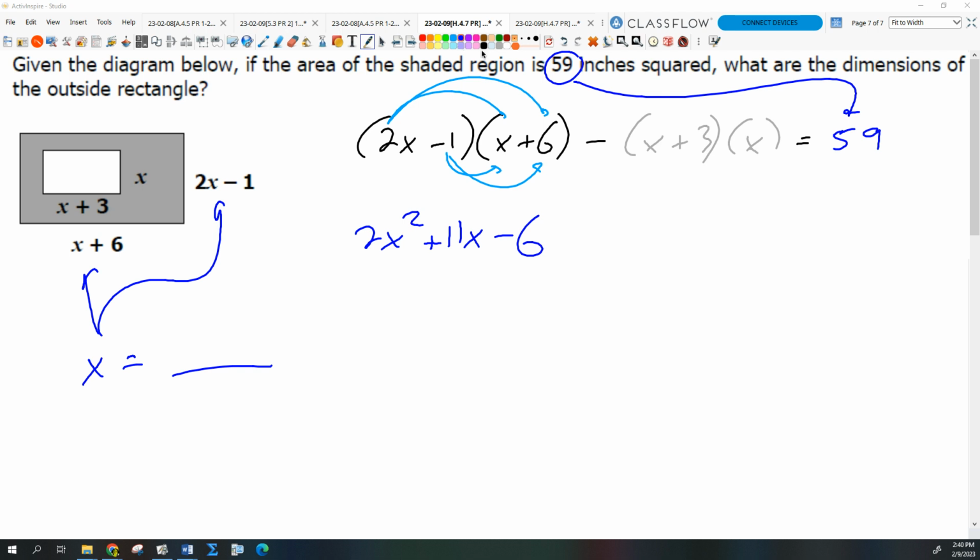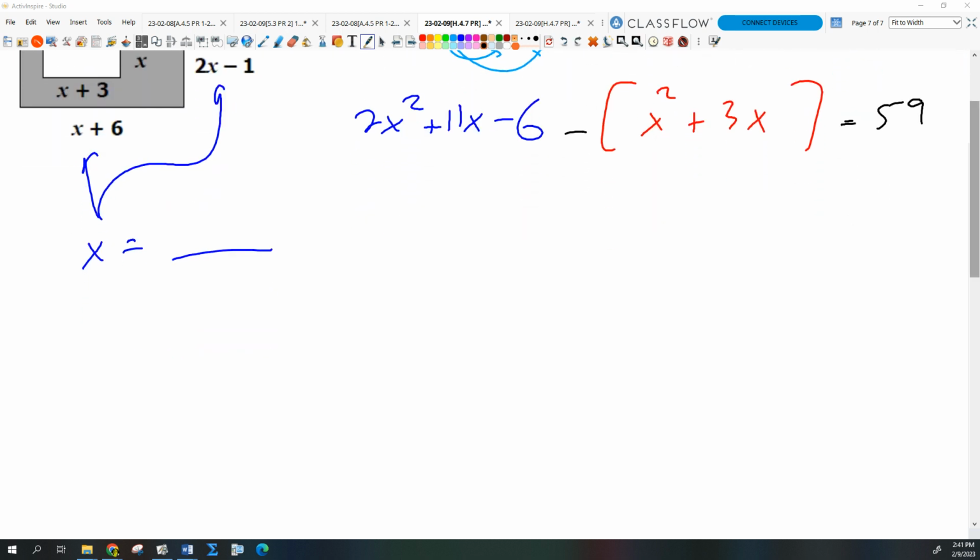Minus whatever I get when I FOIL that out, which is just x squared plus 3x. I don't really have to FOIL it out, I just distribute the x. And all that is equal to 59.